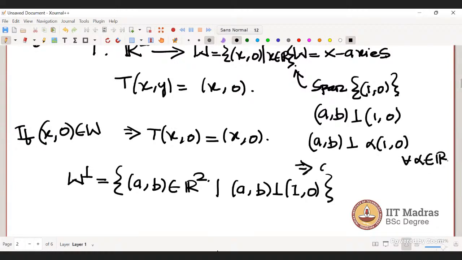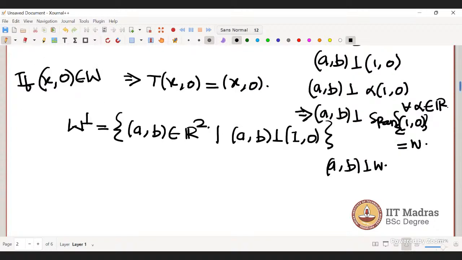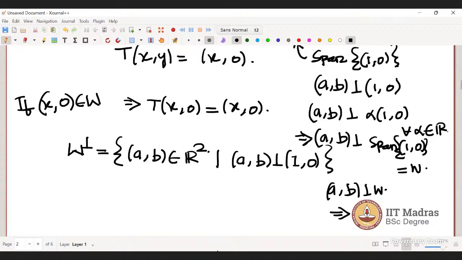That means (a, b) is perpendicular to the span of (1, 0), which is W. Okay, so writing (a, b) is perpendicular to W is the same as writing (a, b) perpendicular to (1, 0). Okay.